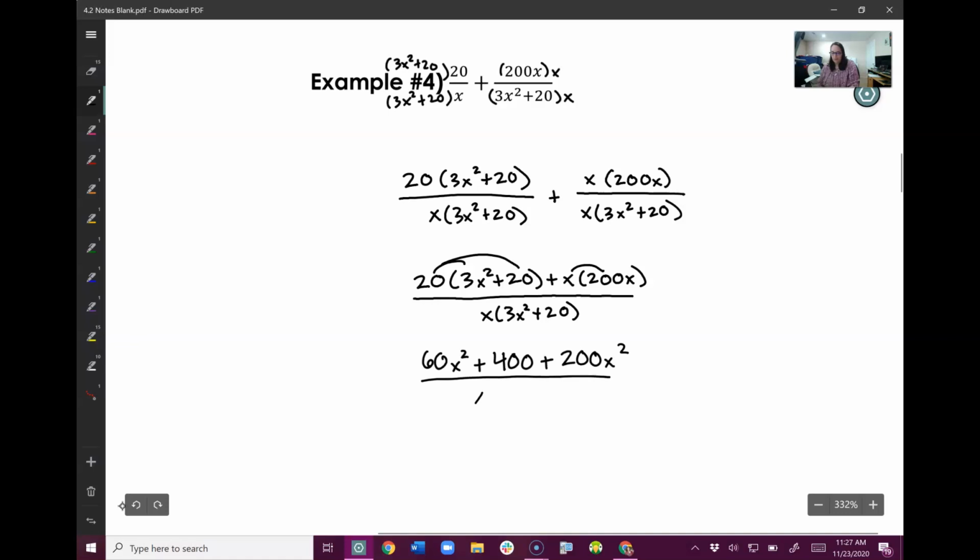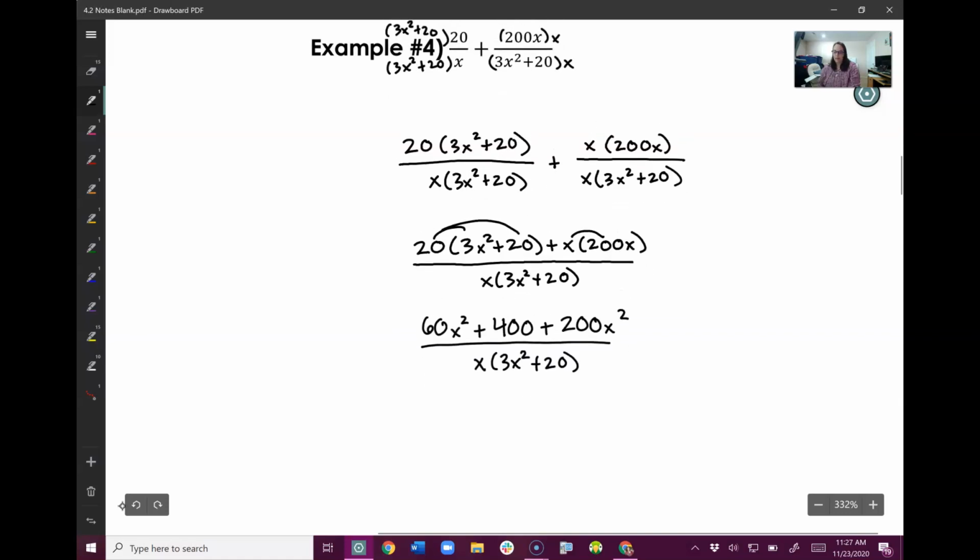All over my denominator. And now that I've multiplied everything, now I can add, meaning combine our like terms. So 60 plus 200, so 260x squared is my only like term. And now I'm on that last step of double checking to see if anything will cancel.